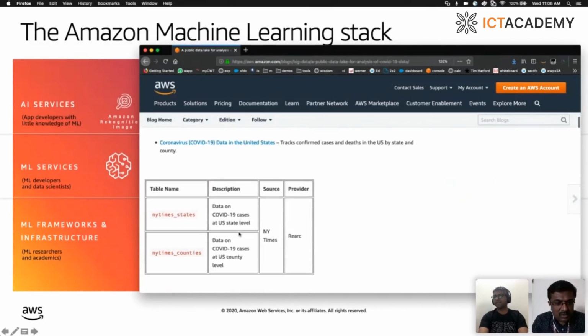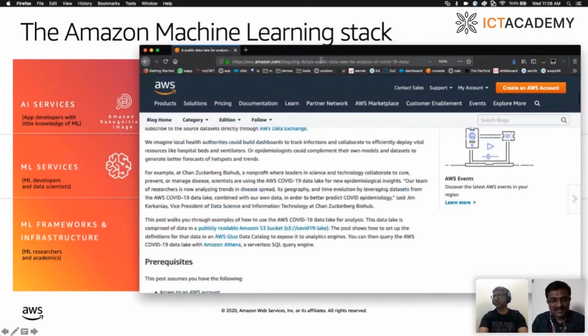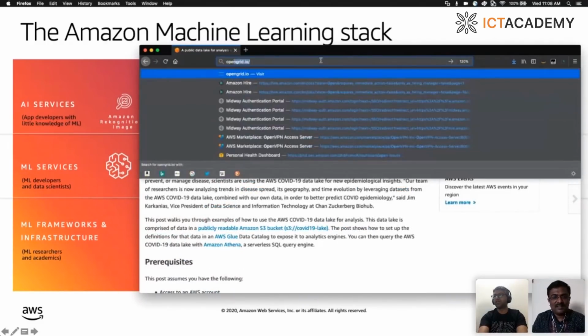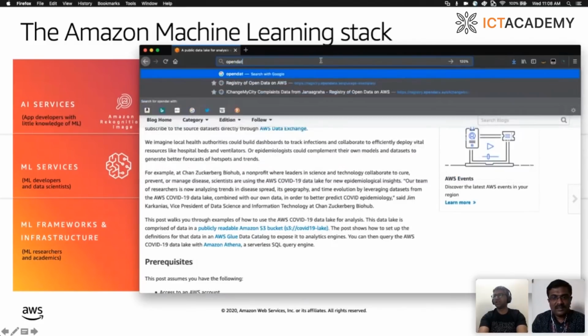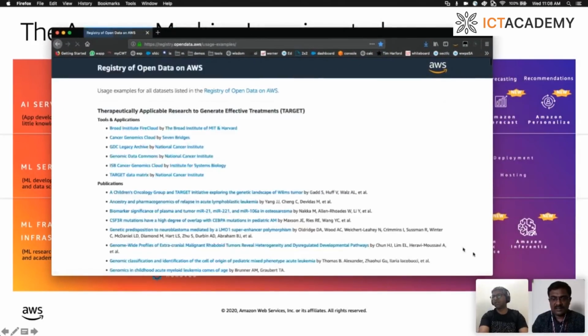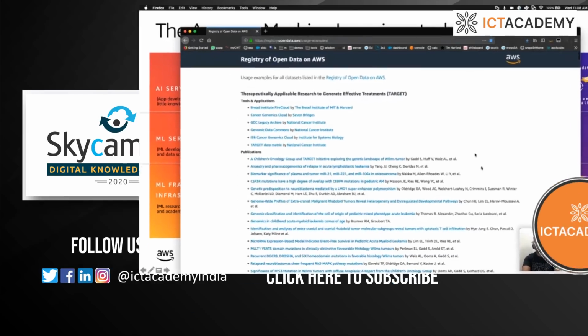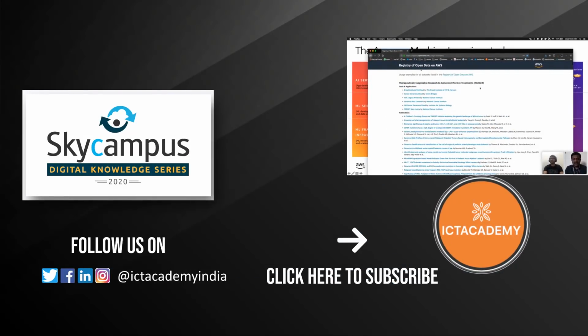Similarly, there are a lot of open data registries out there, not only for COVID-related data but several others that people can get into. Do take a look at the spatial data out there as well. So, wish you all the best on those.